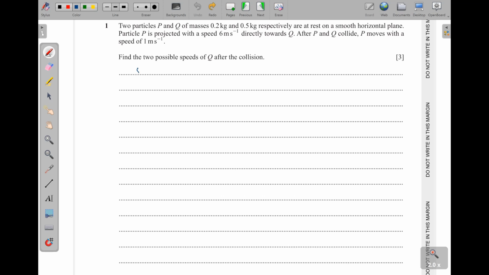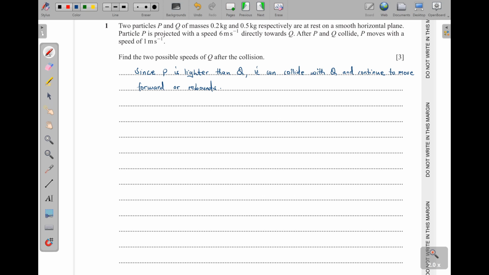Now, since P is lighter than Q, it can collide with Q and continue to move forward, or it can rebound.